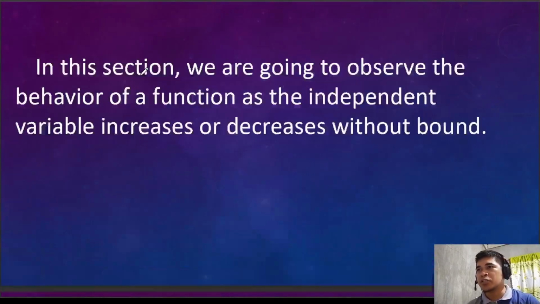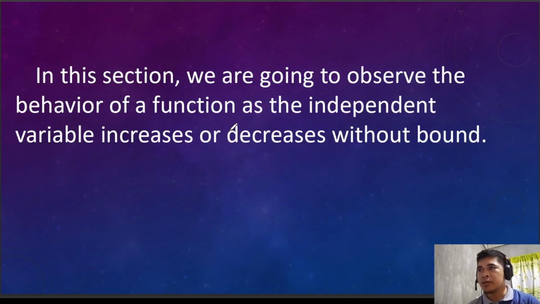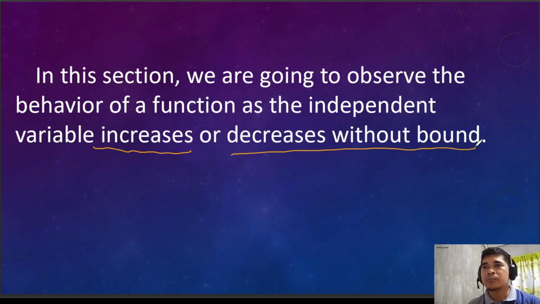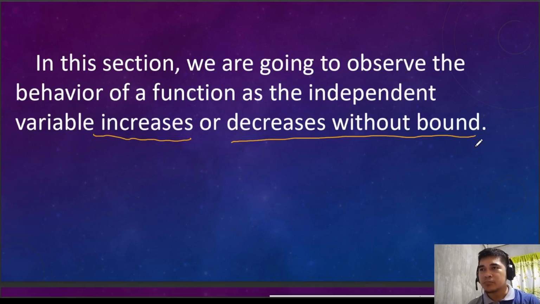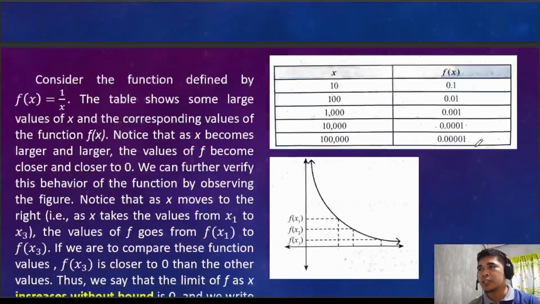In this section, we are going to observe the behavior of a function as the independent variable increases or decreases without bound. So this is in connection with the previous lesson and talks about infinity.